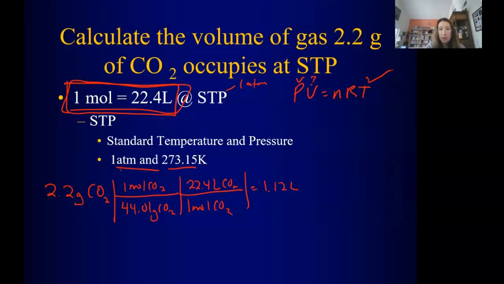We have a temperature, it's at STP. Our temperature is 273 Kelvin. We always have R. We have moles, we just have to convert our grams to moles, and then we could have solved for V. You get the exact same answer. It just takes a lot longer. This little shortcut is really nice. But I want to remind you, only at STP. If it's not at STP, can't use it.